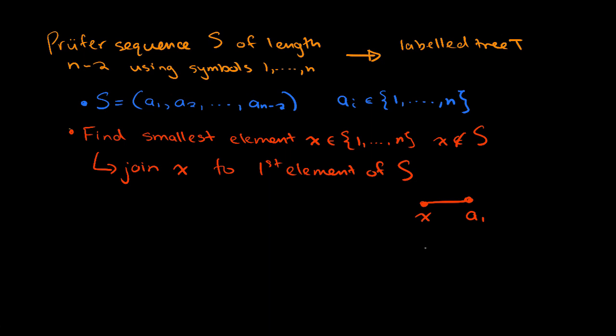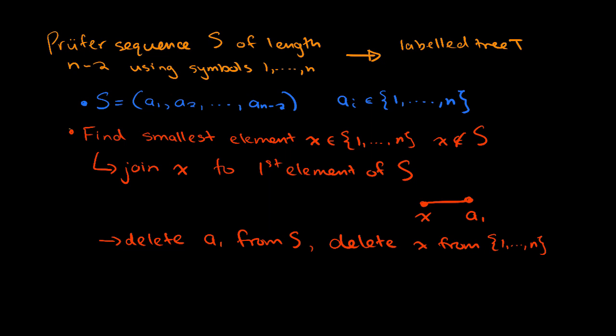Now delete A1 from S, because you've already used it up, and delete x from the set 1 up until n. For convenience, I'm going to call this set L. So we're talking about x in L, and now you delete x from L.